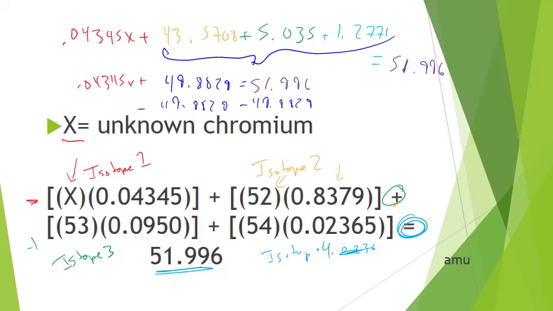So 51.996 minus 49.8829 equals a number. So 0.04345x is equal to 2.1131. So we divide this side by 0.04345, and divide this side by 0.04345. So x is equal to, is that right?